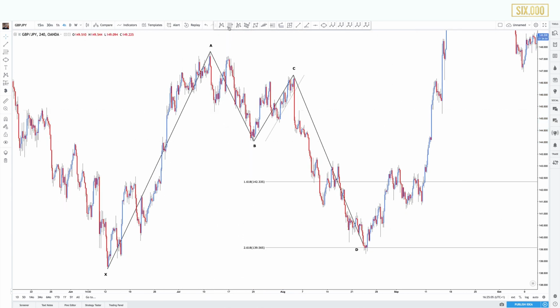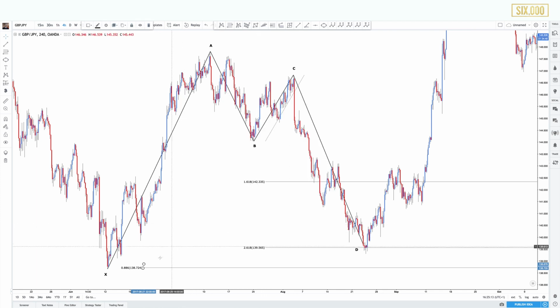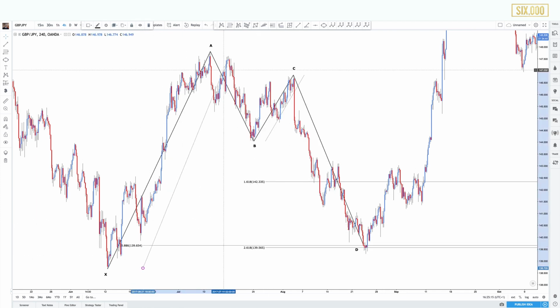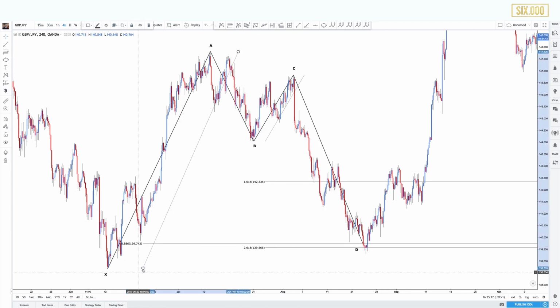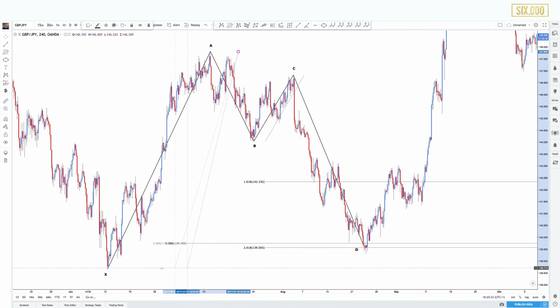The last measurement we're going to explain today is the X to A measurement of 0.886. This is really a defining element in the bat pattern, and this is what really sets up the potential reversal zone, as well as all of the other measured levels in the area.